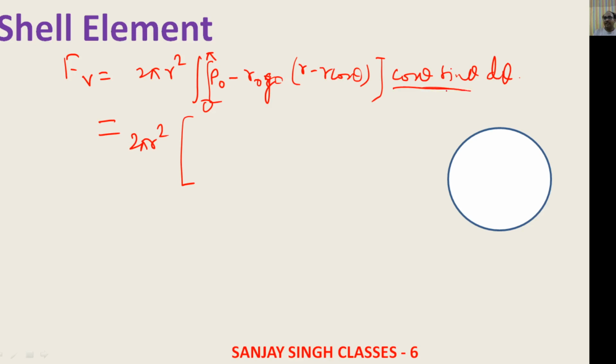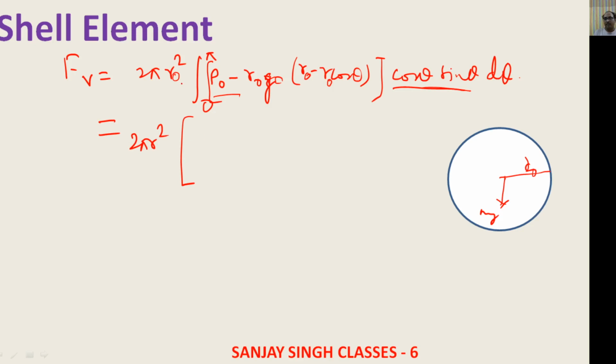With this cos theta and sin theta, so P0 minus rho 0 g0, it is R minus R cos theta we can write. R is the radius. Sorry, it is rho 0, the density, and r only.